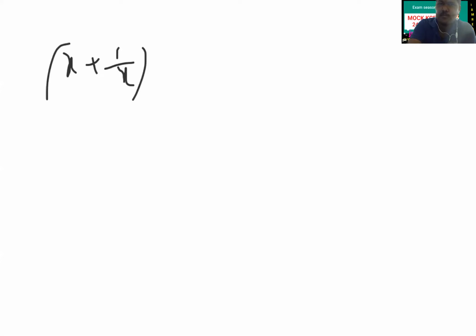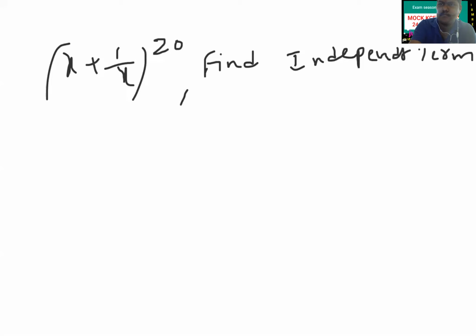Okay. Now, (x plus 1/x) whole power 20 is given. Find the independent term.